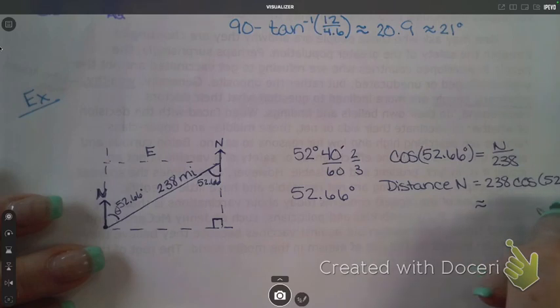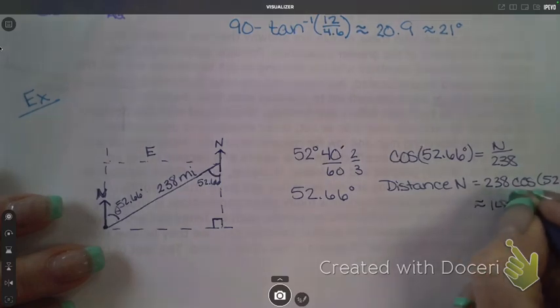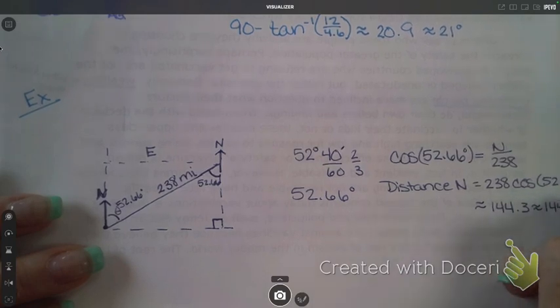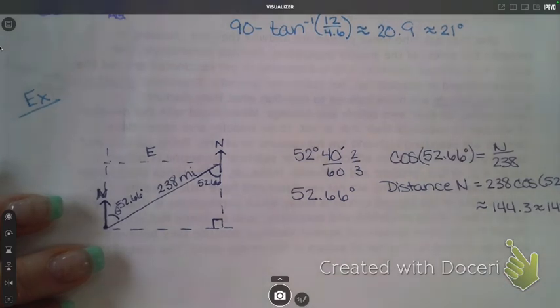I get approximately 144 miles. Okay. So why don't you guys do east?